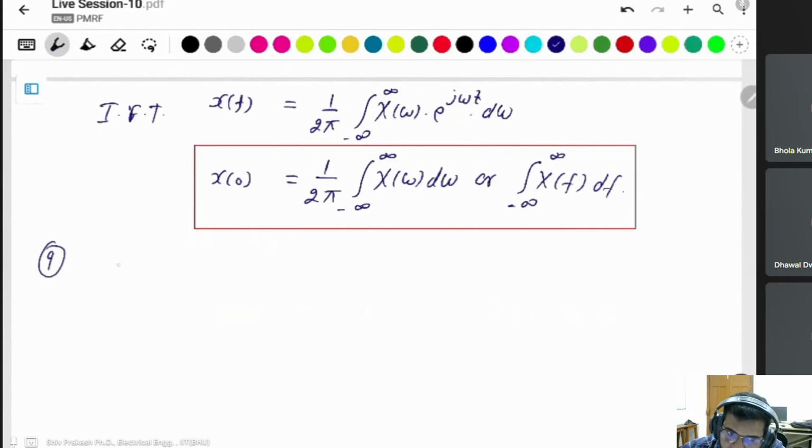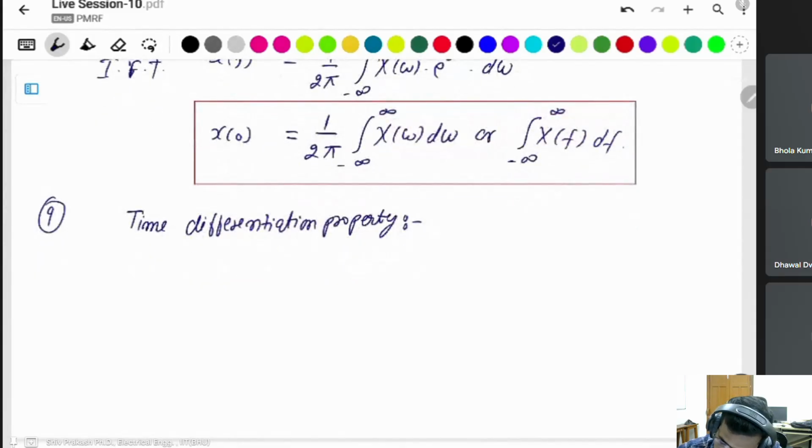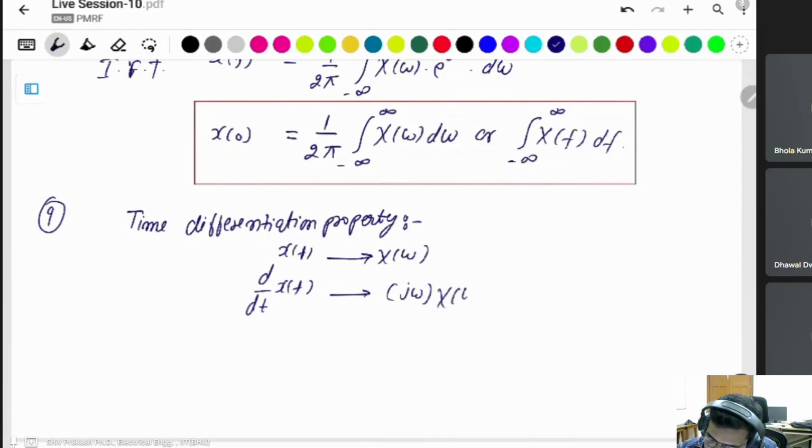Next property is the time differentiation property. If there is a differentiation in the time domain, then in the frequency domain it will be multiplication by j omega in the Fourier transform.